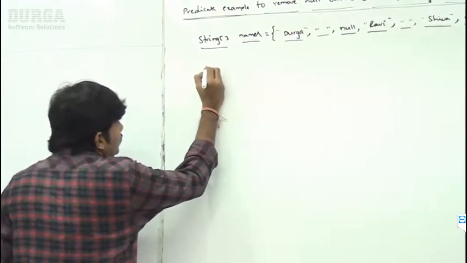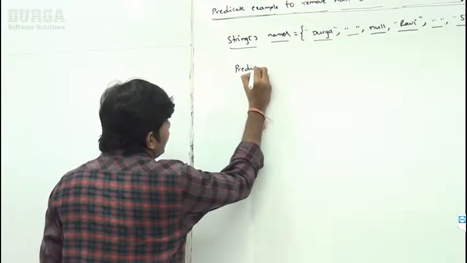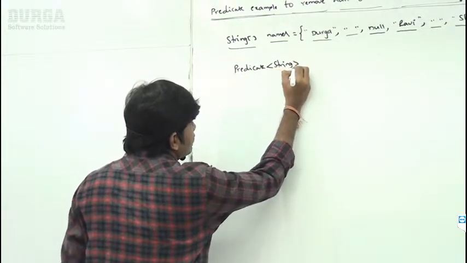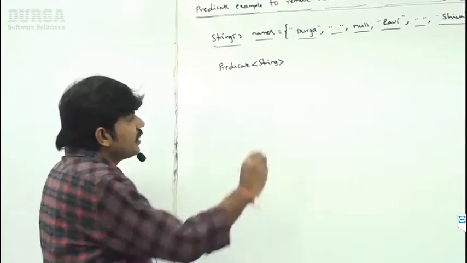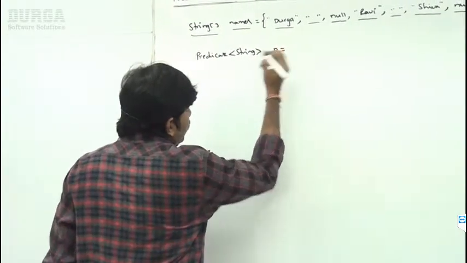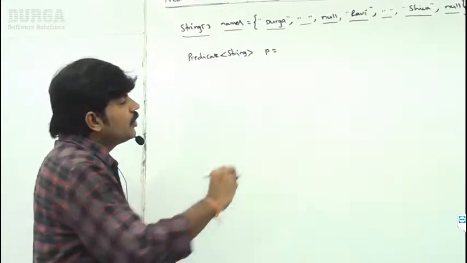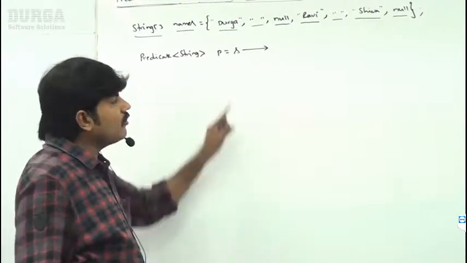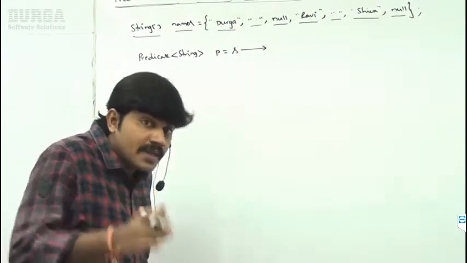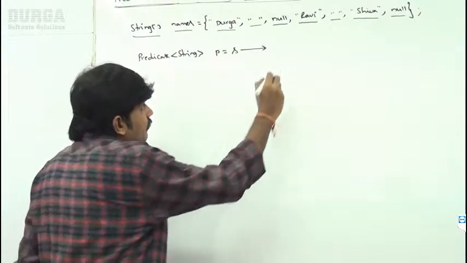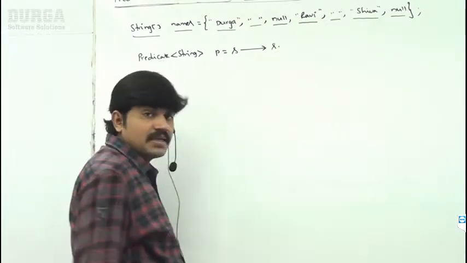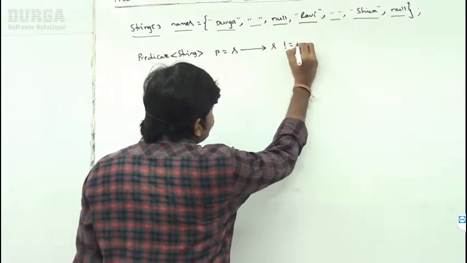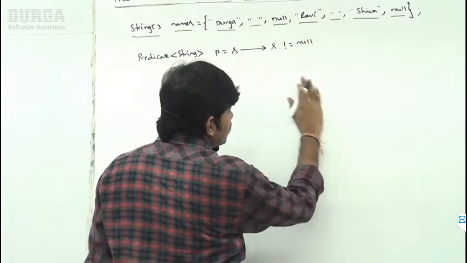Observe that carefully. I am taking a predicate, and this predicate is always going to take a string as the argument. If I give a string as input, what condition do we have to check? Very simple: it should not be null. This is the first condition.